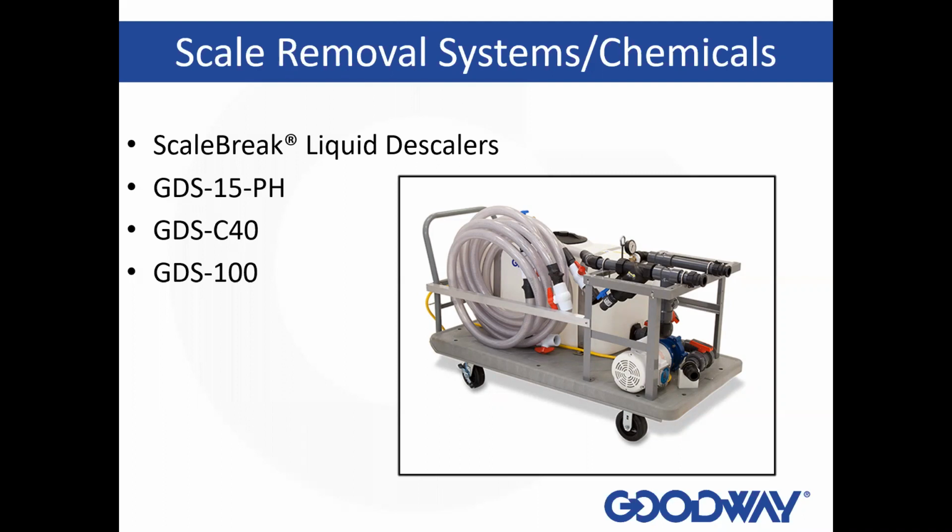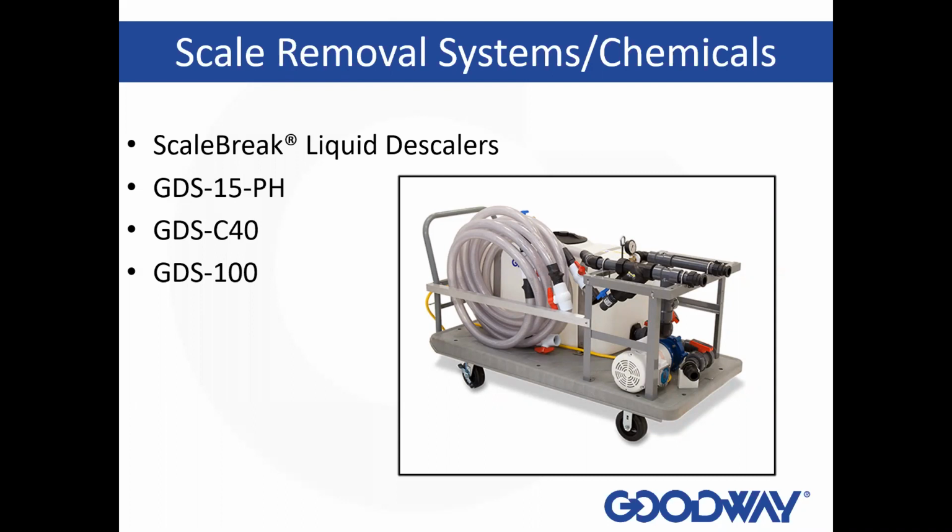And the way that pretty much all of these machines came about was we were listening to guys in the field that were doing descaling already, and we'd ask them, okay, so you've got an acid that you're running through and it's doing a good job, but how are you circulating it?